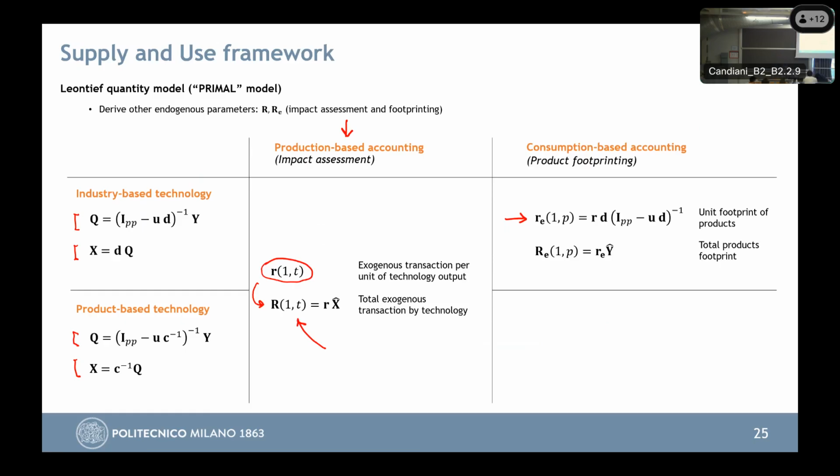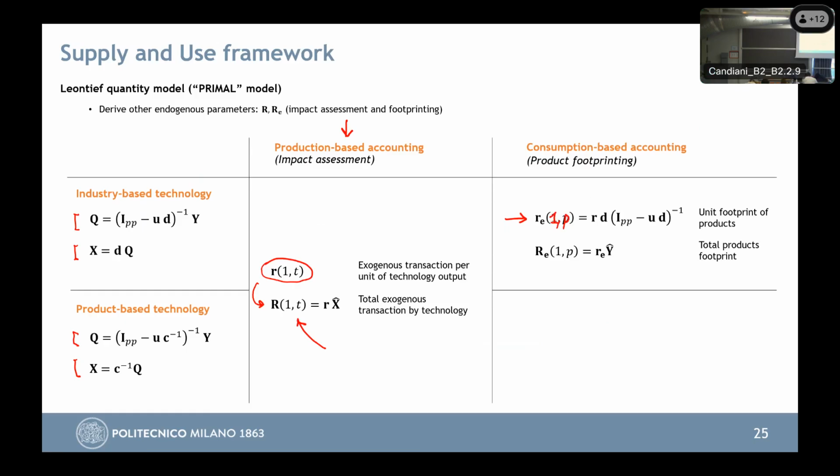So I have to calculate an RE. Remember, in our nomenclature, small RE stands for footprints. And this RE should be 1 by P.